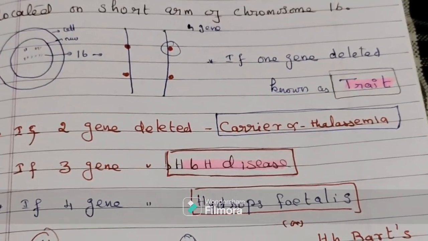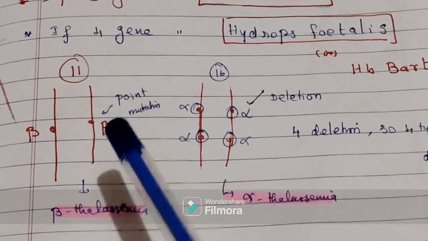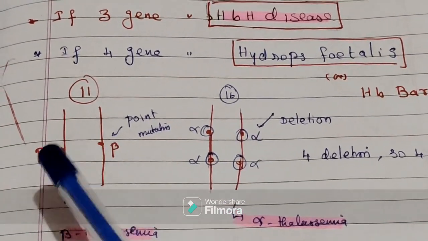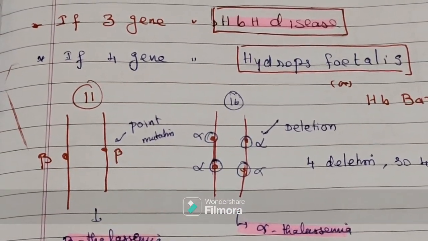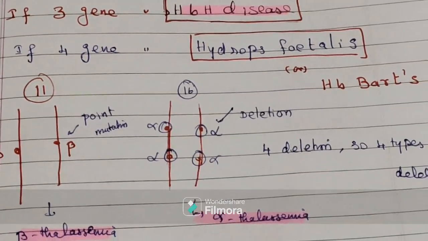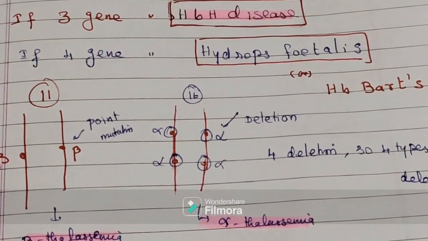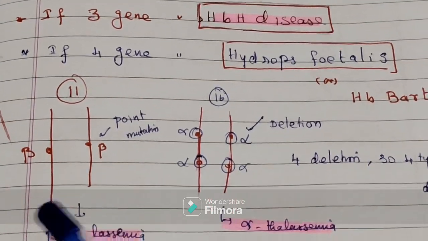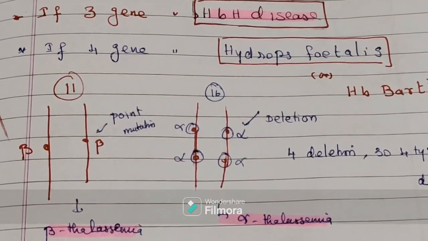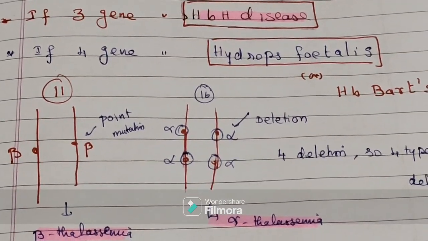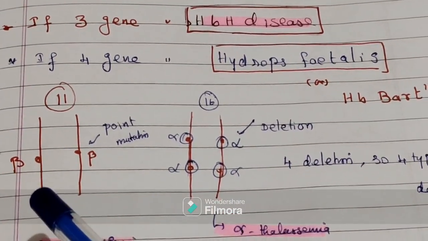Here it is not a point mutation. There is a pair of chromosome number 11, and this is chromosome number 16. Chromosome number 11 is for beta thalassemia, with only 2 genes present for beta.